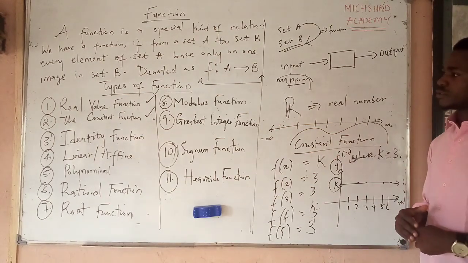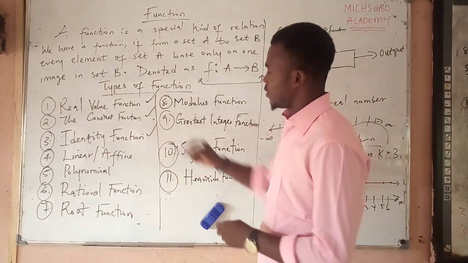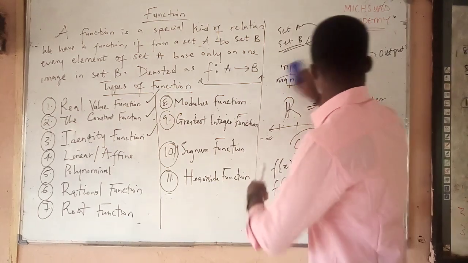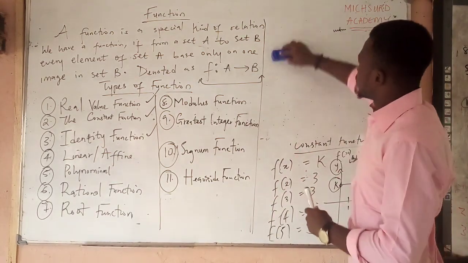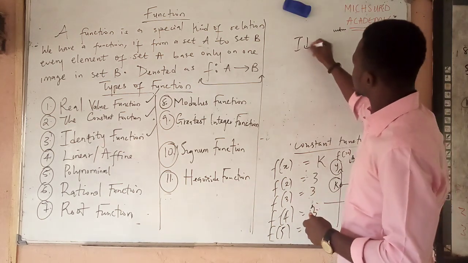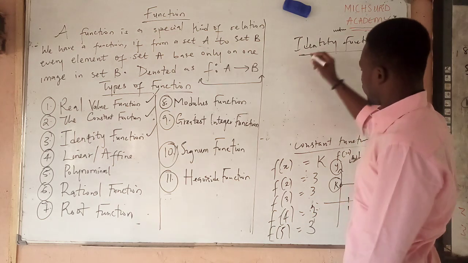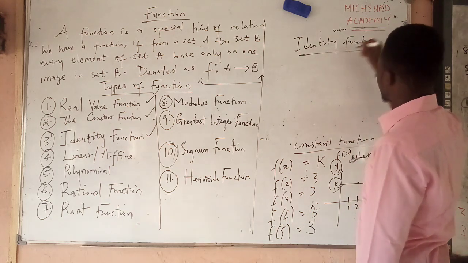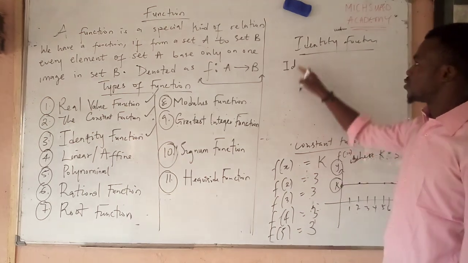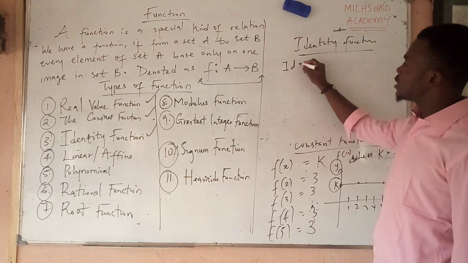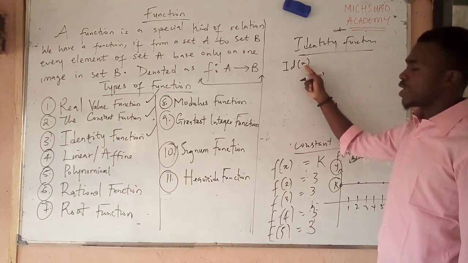Okay, so the other type of function is the identity function. We normally denote the identity function with ID, to show it is an identity function. So let's say we are looking at an identity function that depends on the variable x.